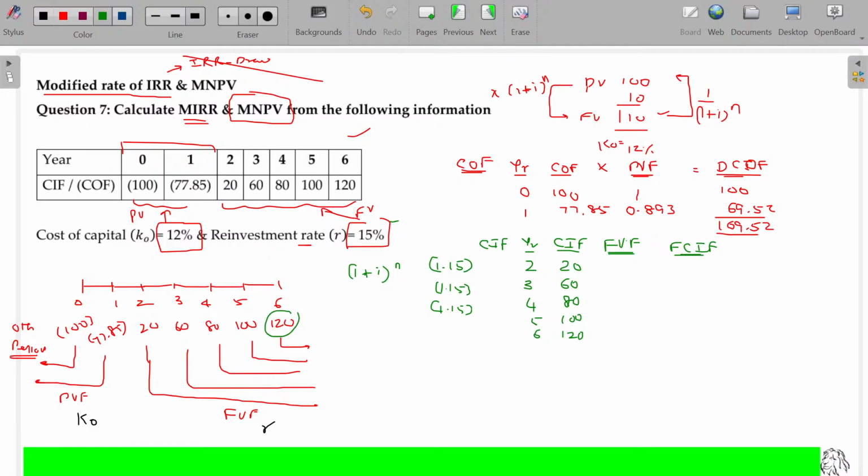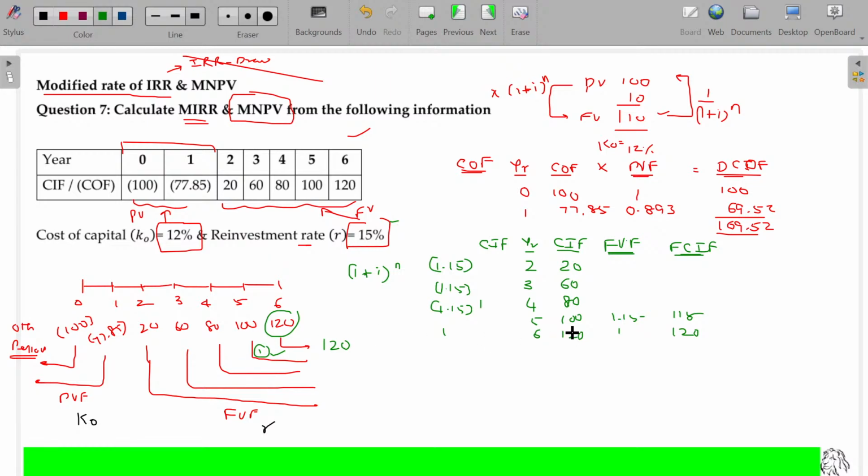For the last value, that value remains same. For this, 1 year interest will be addable. How many years? 1 year interest. So 1.15, because the 5th year investment, how much it should be by the end of 6th year, means it carries only 1 year interest. So 150.